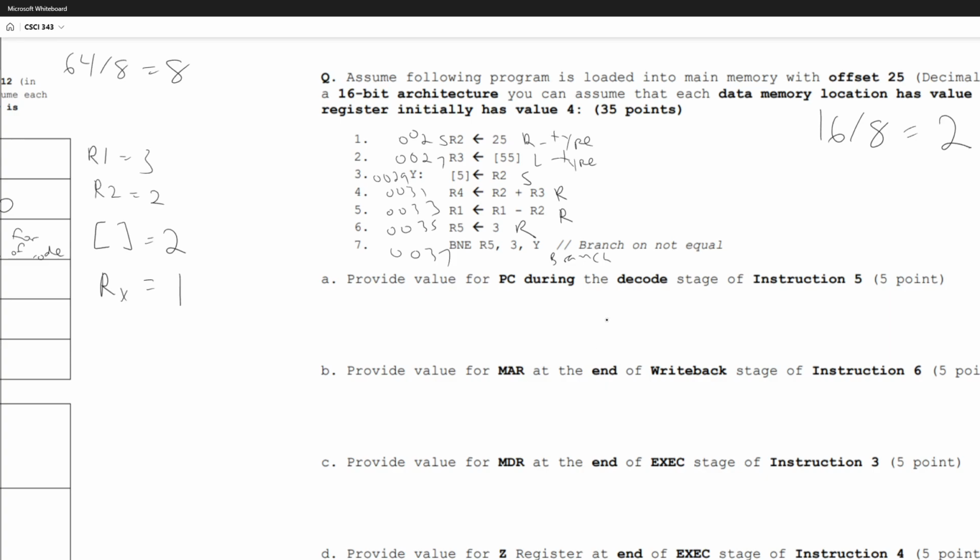So the PC during the decode stage of instruction 5, it's going to have already incremented the PC counter. So it'll be 0035 because it will have incremented it to the next line.